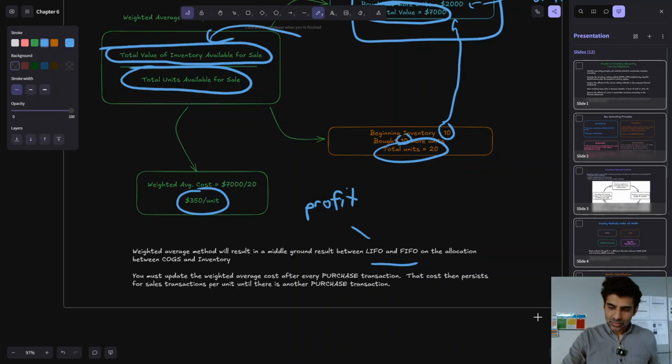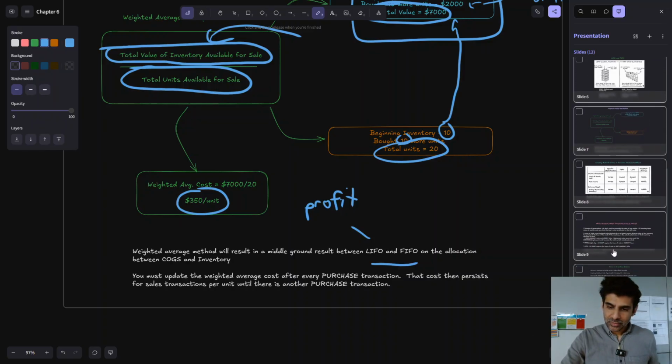What do you think? Why FIFO? Because cost of goods sold is going to be smaller because it's an older price. Yes, so the smaller would be subject to sales revenues. Exactly. Okay, so if we're assuming that prices are going up over time, LIFO is going to have a higher cost of goods sold because it's going to use those newer, higher dollar price items in inventory as your cost of goods sold.